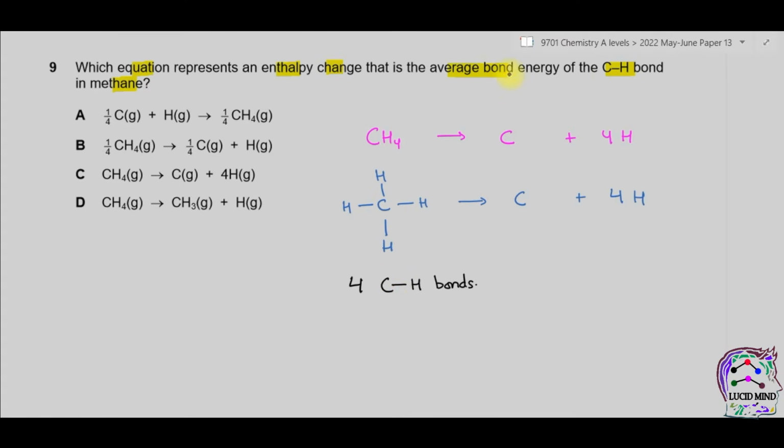So if we want to find out the average bond energy of a single C-H bond, we have to divide this by 4. So we can divide the reactant by 4, it will be 1 over 4. Then we also have to divide the products by 4.